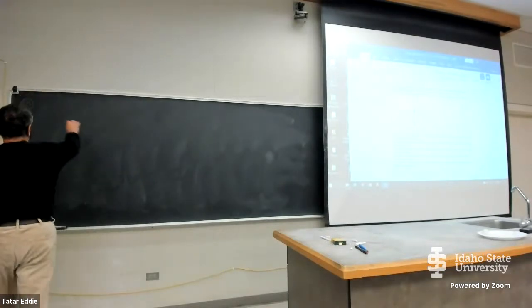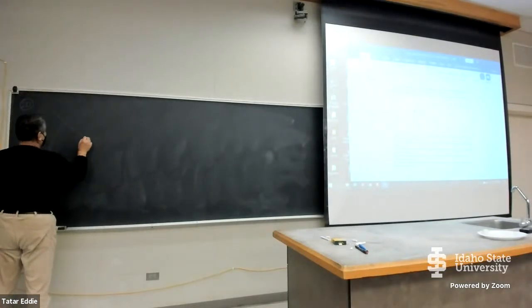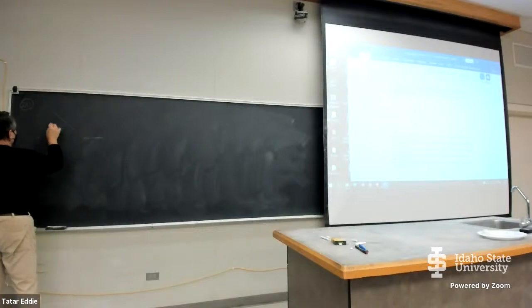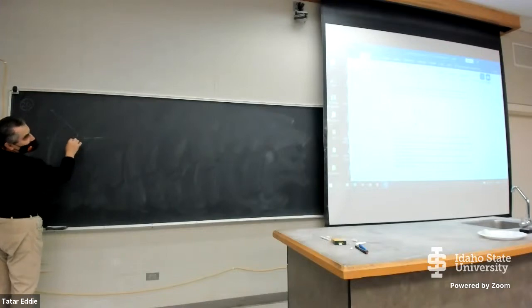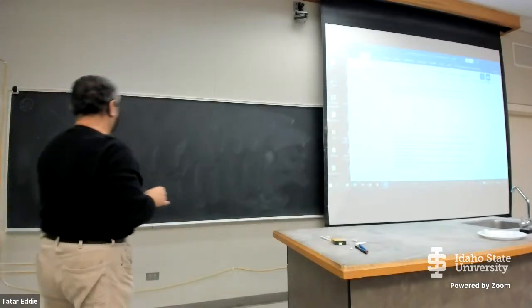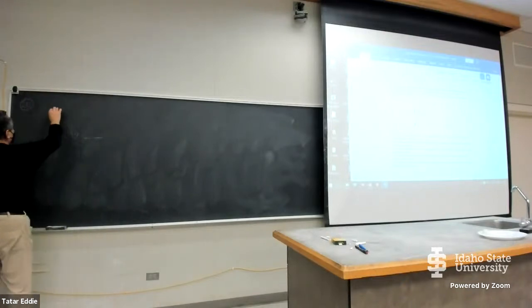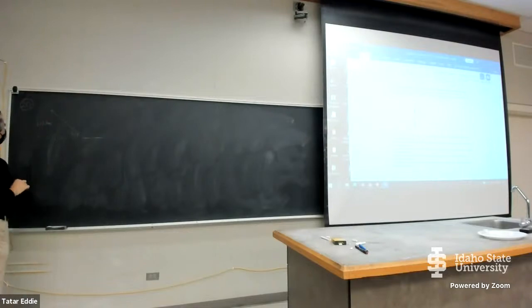So here is the incline, here is a horizontal at the end of the incline, and this angle is given to be 30 degrees. And this height here is given to be 1.8 meters.